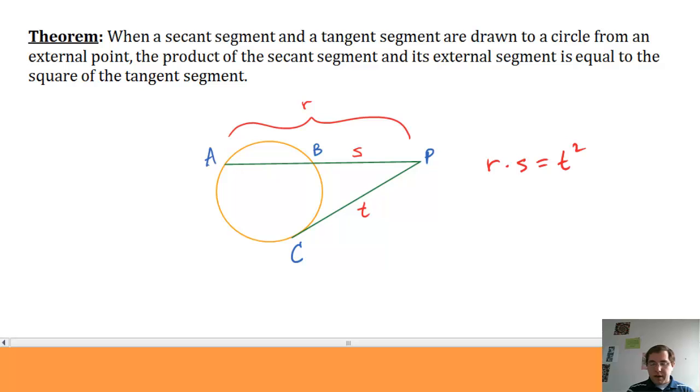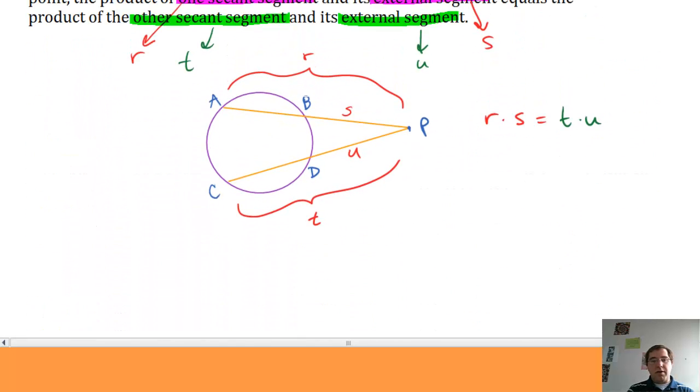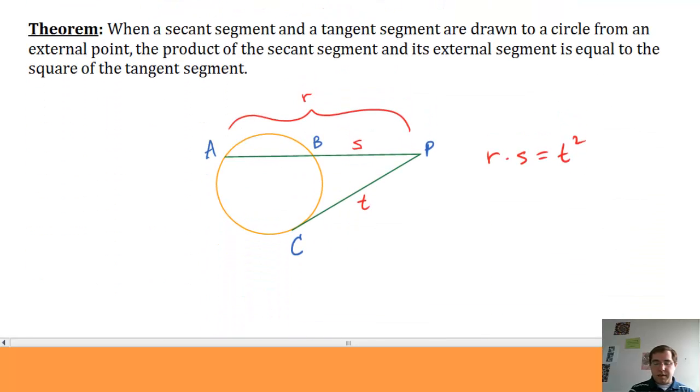The reason for that is that this is really just an extension of this scenario. If I make CP a tangent instead of a secant, then T becomes U. T and U become the same thing. So this is really like saying T and U are equal, and I just got T times U over here, but that's T times T, which is T squared.